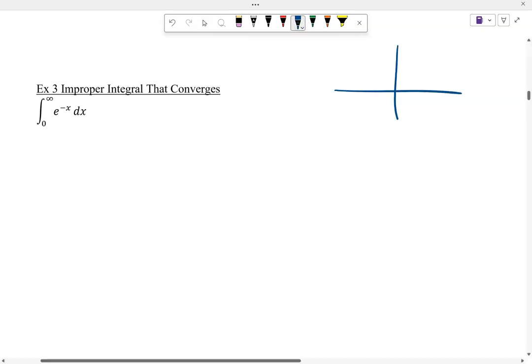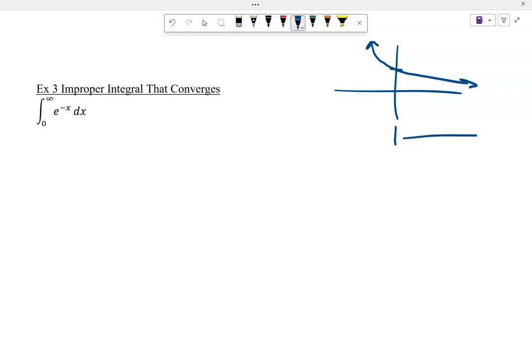Here, if you're getting a picture of this, here's that e to the negative x, right? Reflection about the y-axis of e to the x. And you're going from 0 to infinity, right? So this is looking for, does that unbounded area is actually what we're looking at here.